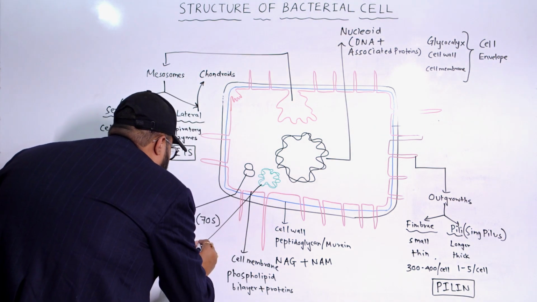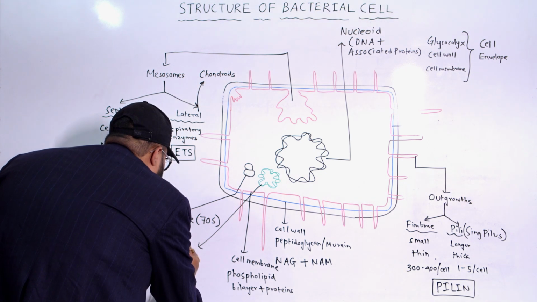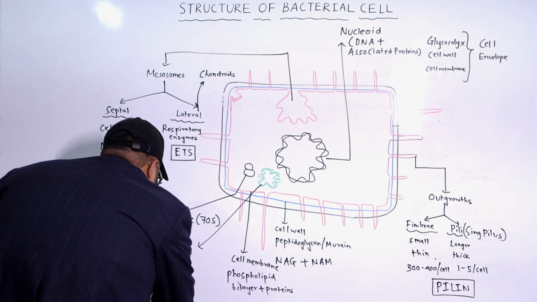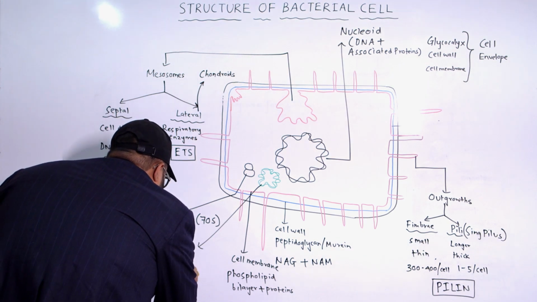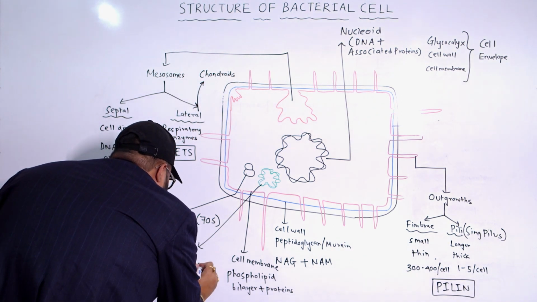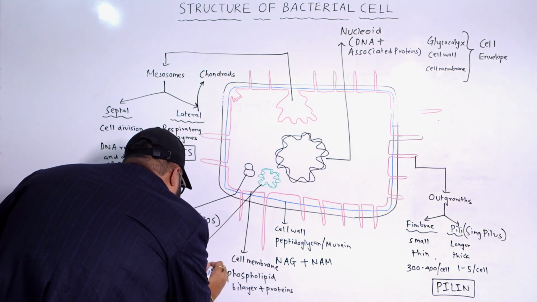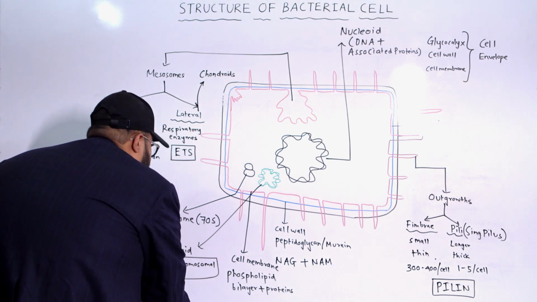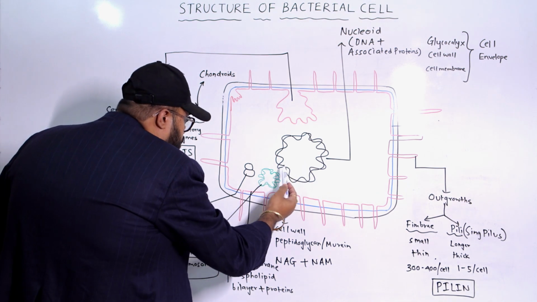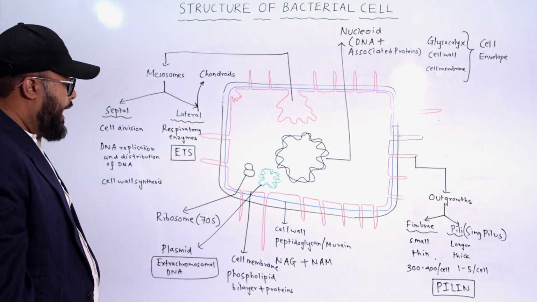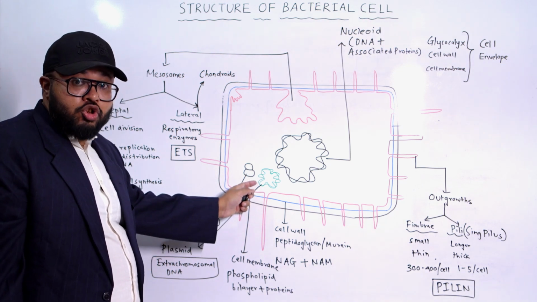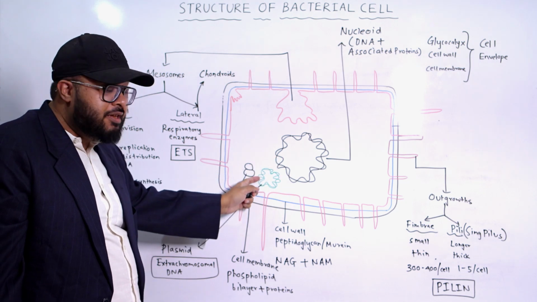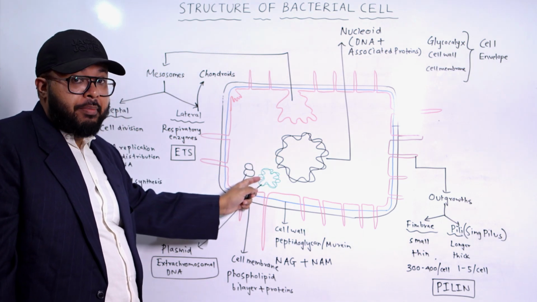They are extra chromosomal DNA because they are present in addition to the main DNA. And this plasmid is not dependent on the main DNA for its replication. These plasmids show autonomous replication.